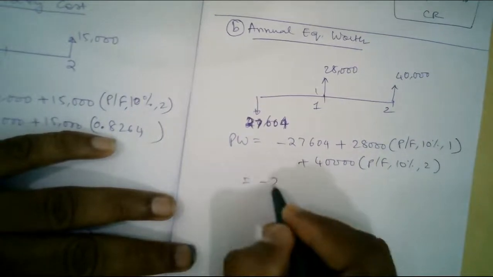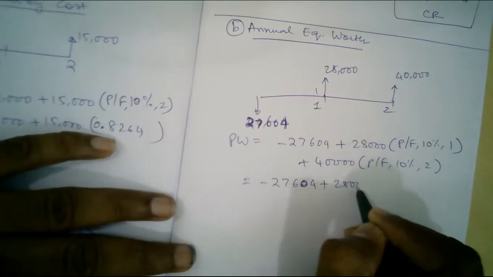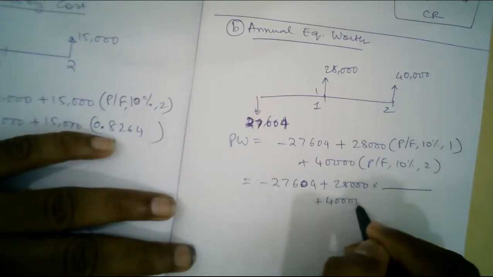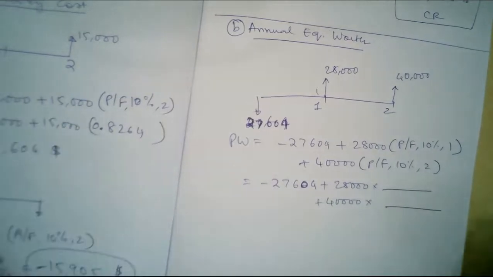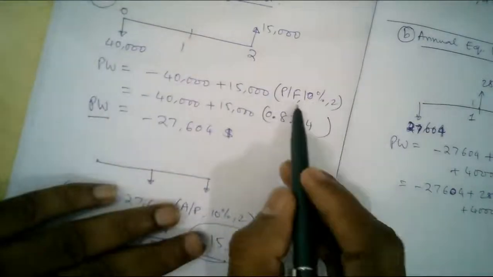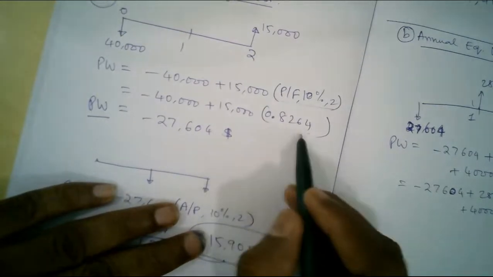So what are these factors? Already I have used the factor for 2 years. For 1 year I did not use it, but for 2 years I already used it.